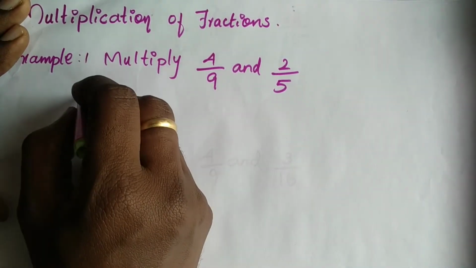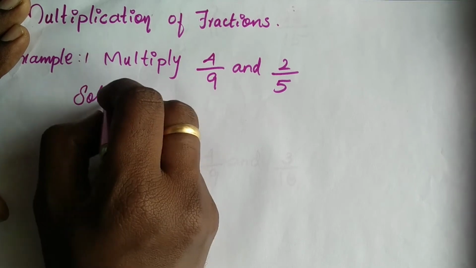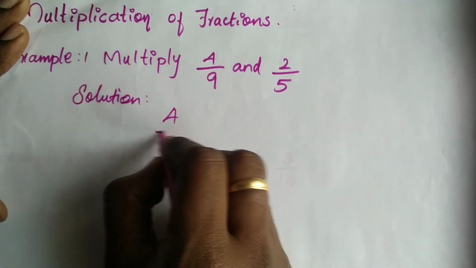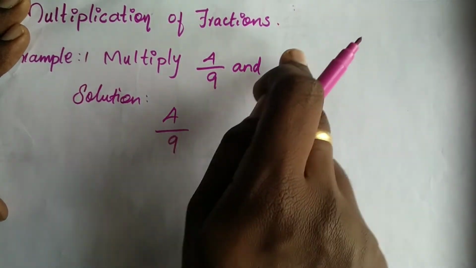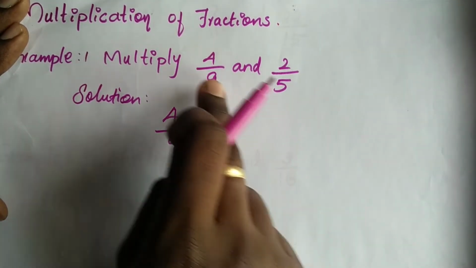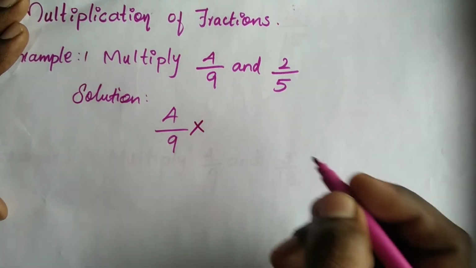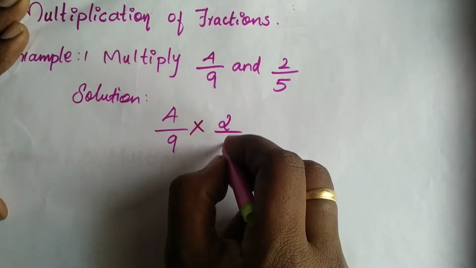So first step, write the solution: 4 by 9 and 2 by 5. Remove this and put the multiplication symbol, then write 2 by 5.